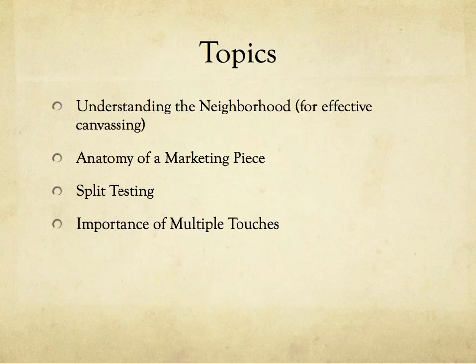We've also talked about split testing and the fact that you want to see what's working and what's not working in your neighborhood. It's never one marketing campaign or one marketing piece fits all. It should really be about what the neighborhood that you're working in is, who the people who live in that neighborhood are, and how you're getting the best responses. With split testing, you can take the same marketing message and present it in multiple ways.